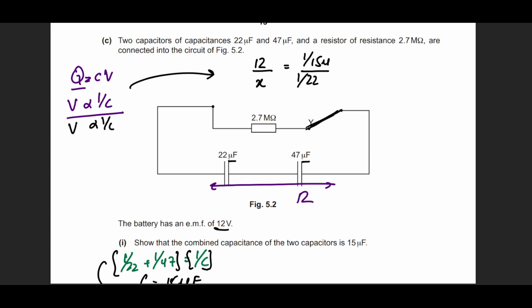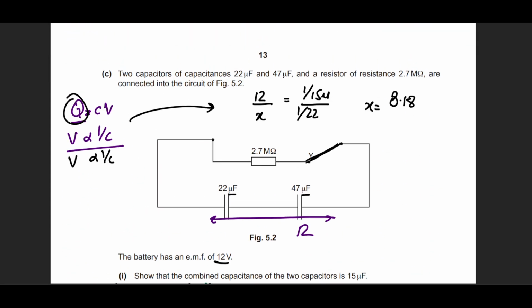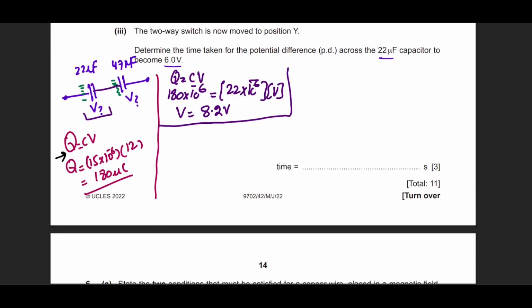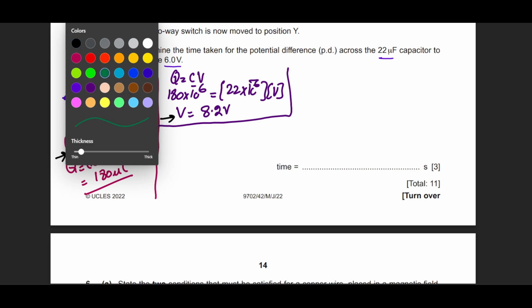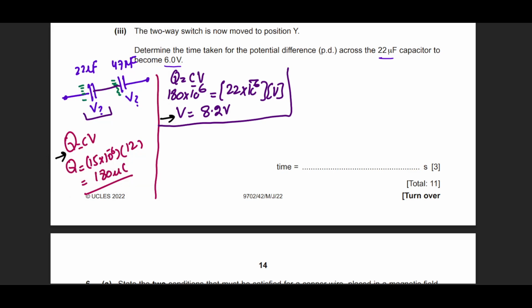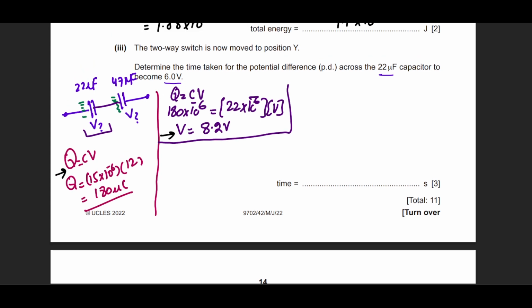When you're done with this algebra, you will again get the voltage of 8.18, which is exactly the same, based on the same premise. The charge is the same. So I've done this ratio step by step over here to find the voltage and then the charge. It's your choice how you want to visualize this. Whatever method you think is easy for you, you can do that. So we have found the initial voltage carried by this capacitor.